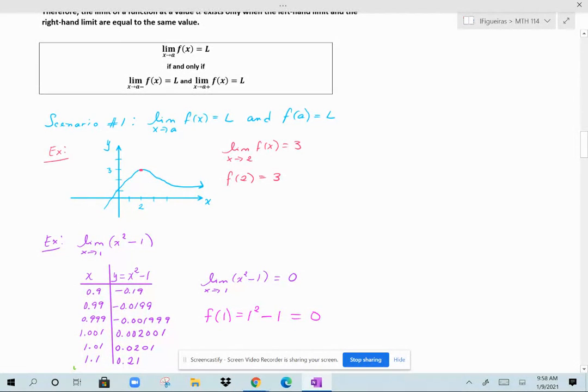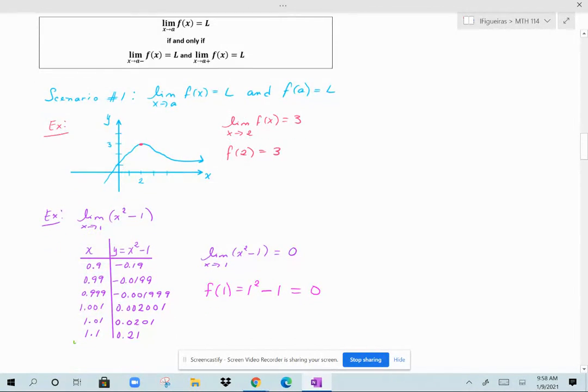Here's another example of scenario number 1, done numerically, meaning with tables and using all these decimals. I want to evaluate the limit as x approaches 1 for x squared minus 1. So just like I did in the other examples, I picked values to the left of 1, and I picked values to the right of 1, and I plugged it into f of x, which is this, and I got my y values in that second table.